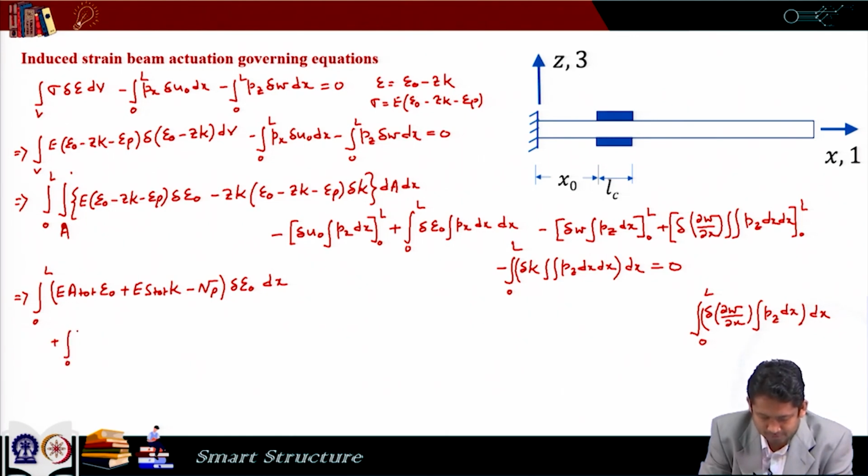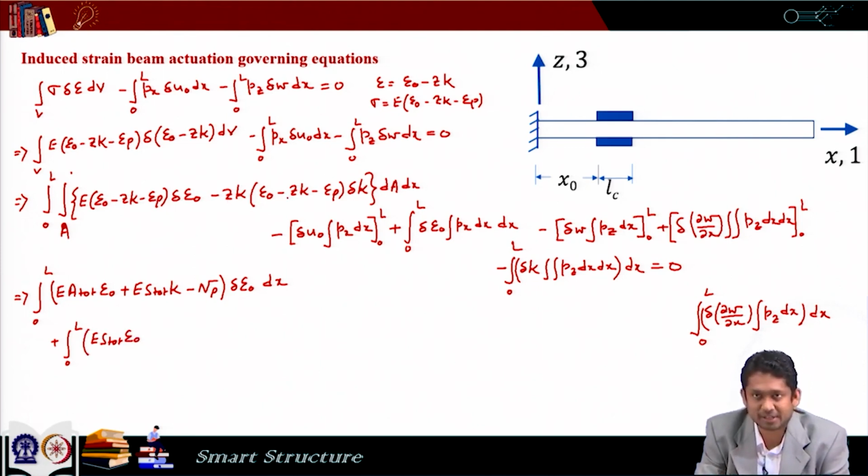So, that will give me E S total into epsilon 0. Minus z into minus z, that is plus z, and so z square E integrated over A, the area, will give me the E I total.